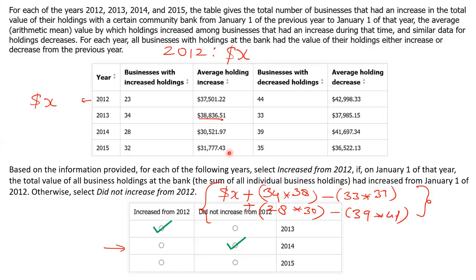So from 2012 to 2013, this was X plus something and hence increased.